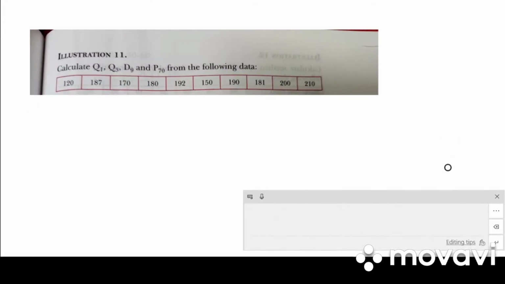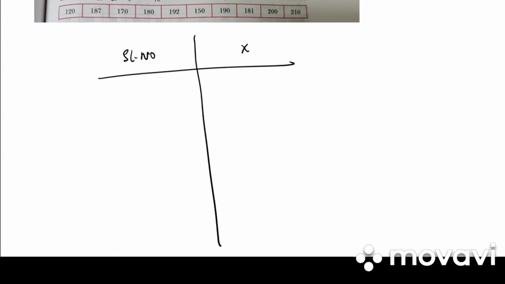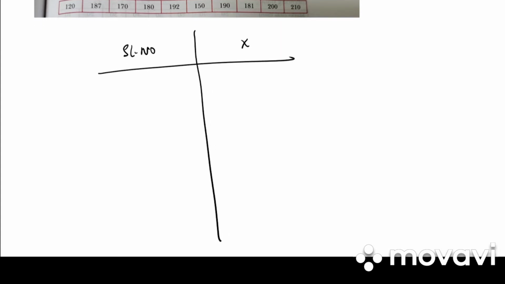Let's go on to illustration 11. Calculate Q1, Q3, D9 and P70 from the following data. They have given us only the X values. So first column will be serial number and X values. How many numbers have they given us? 10.